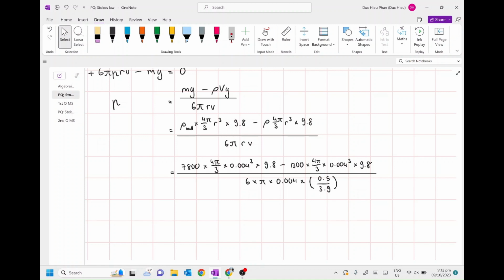Okay. This gives us a viscosity of 1.766. I completely forgot the units for this. I think it is Pascal seconds. I'm actually not quite sure.